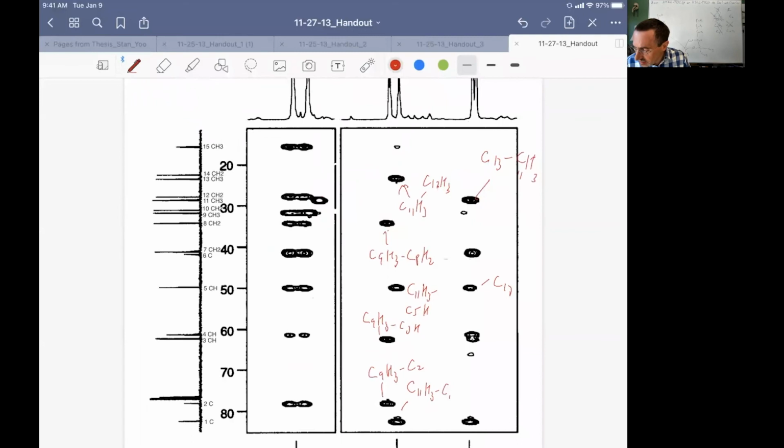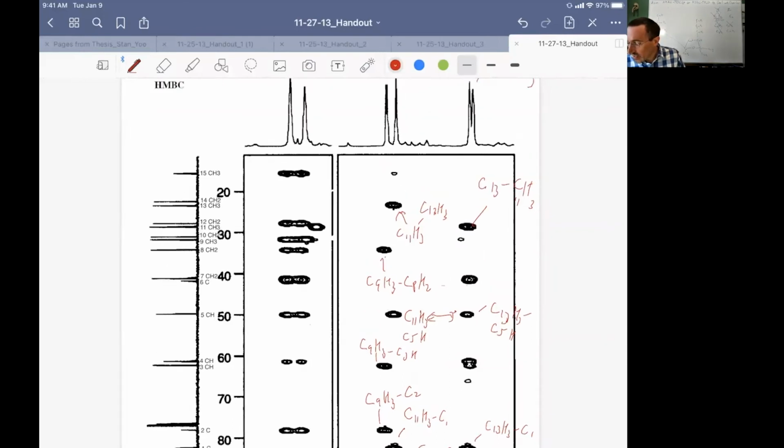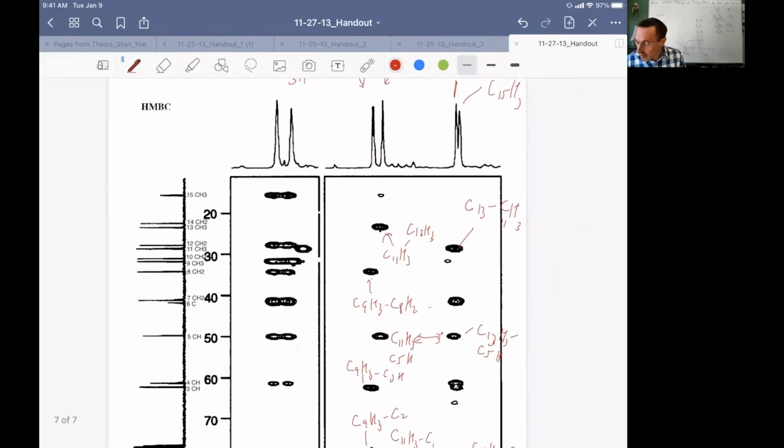So this is C13. I'm going to just zoom in here. This is C13H3 with C5H. And this is C13H3 with C1. Right, because we have the same peak over here, and we have the same peak over here, we basically can account for those. Now, every other peak that we need to account for, we can now account for off of C15.